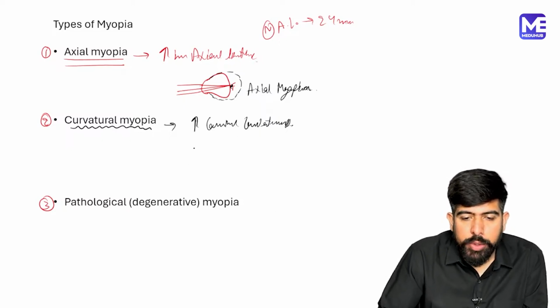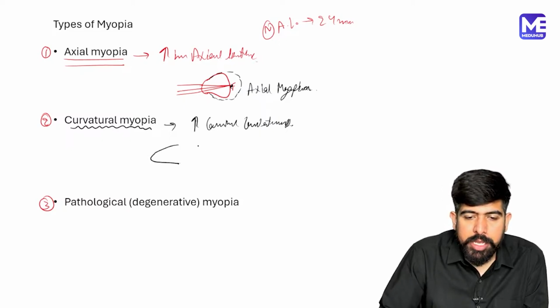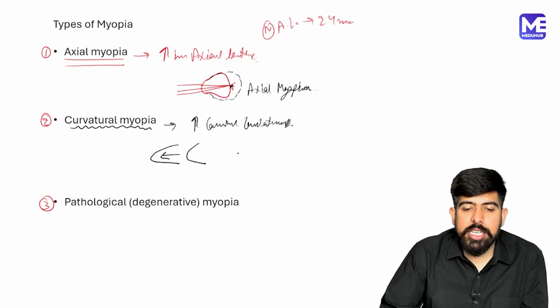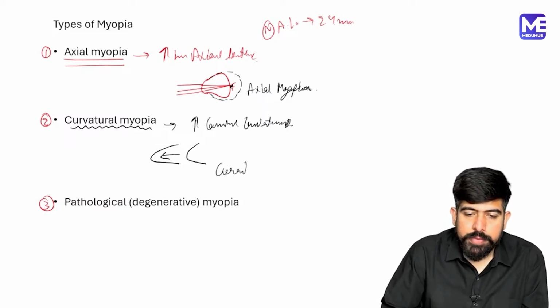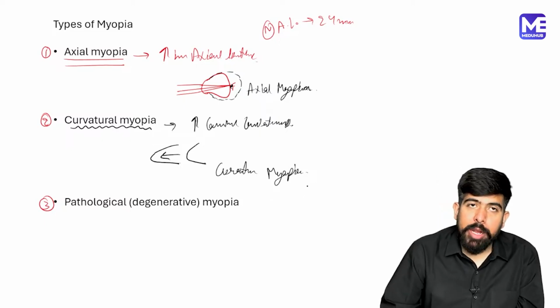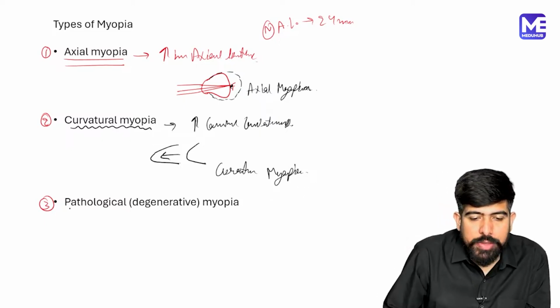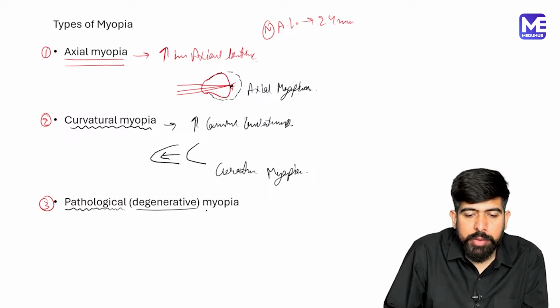The normal curvature is like that, but if it increases more, as you can see, it will cause your curvatural myopia. So, axial myopia, curvatural myopia. The last one is pathological, or degenerative, myopia.